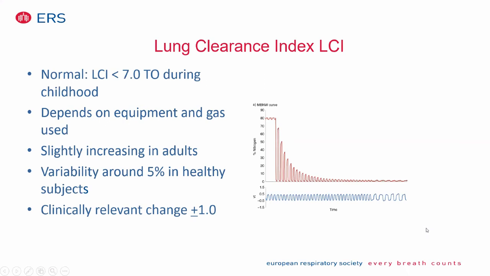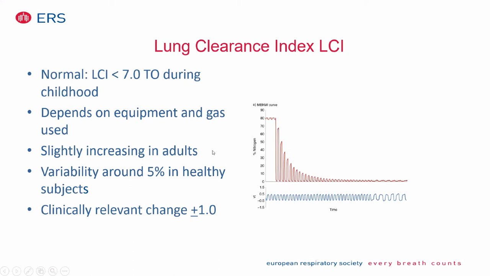You repeat this 2 times, and a quality criterion is if you have the FRC within 10%, you know it's repeatable. I said already in a normal person, the LCI is around 7, which means turnover of lung volume 7 times during the washout. But it depends a little bit on equipment and on the gas used.